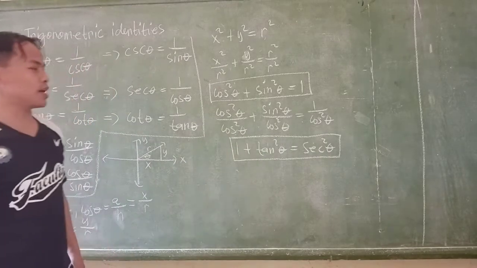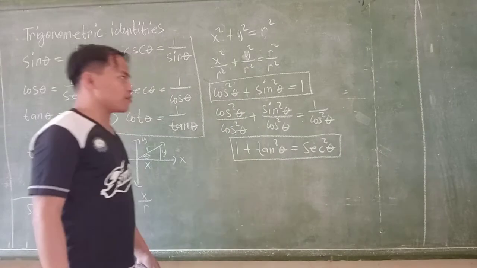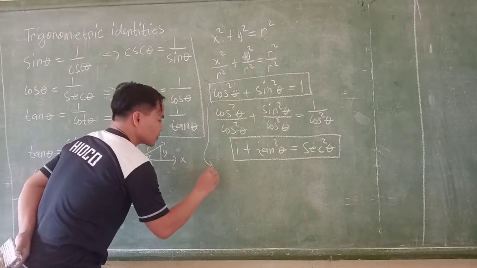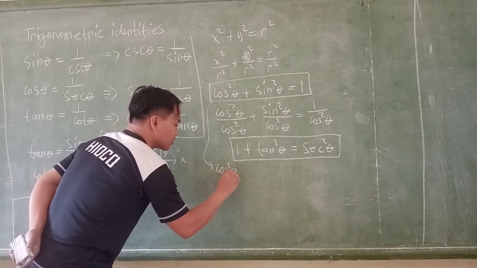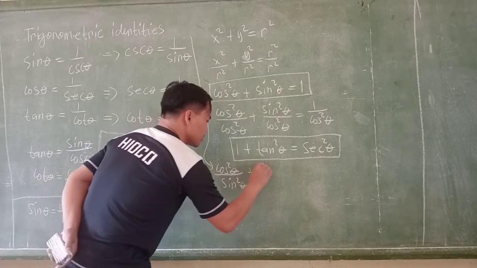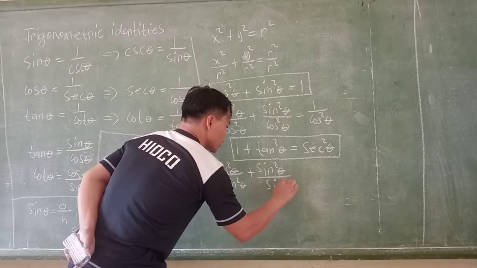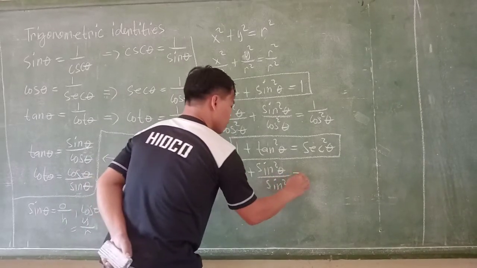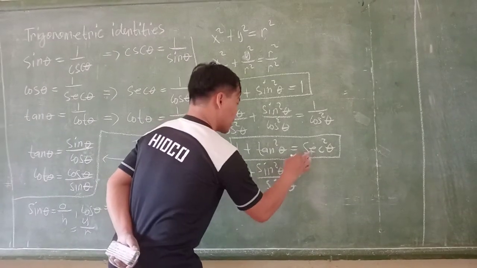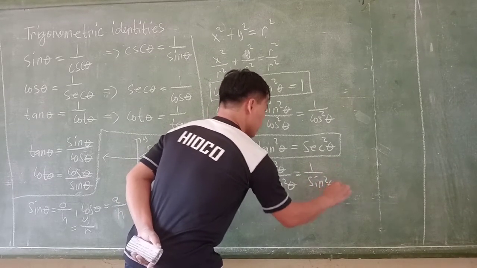Next, we can divide each term by sine squared. From that, we have cos squared theta over sine squared theta plus sine squared theta over sine squared theta is equal to 1 over sine squared theta.